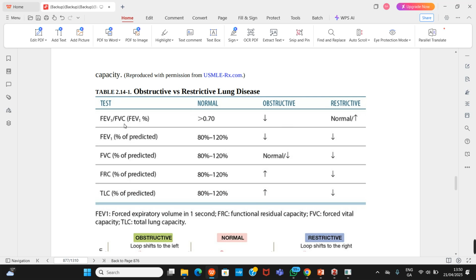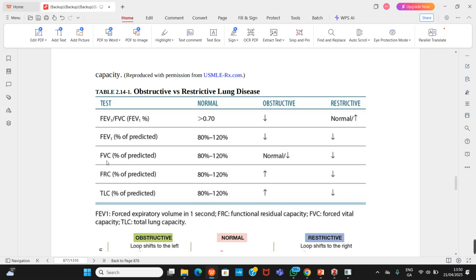FVC, which is a vital capacity too, is lower in obstructive, but it can be normal sometimes. Don't forget, we have said that the major problem they have is with expiration. Vital capacity also includes expiration, but it involves some part of inspiration because you need to inspire first before you can expire. In vital capacity, you take a full, deep inspiratory effort and then a full, deep expiratory effort.